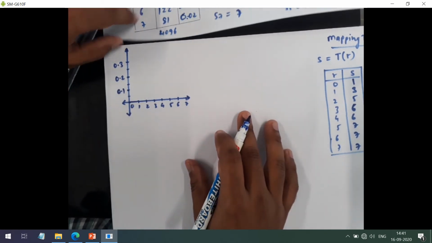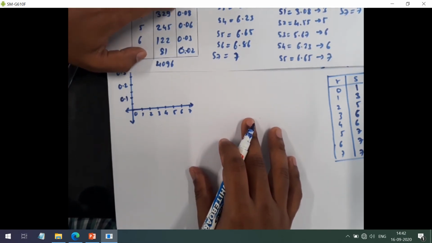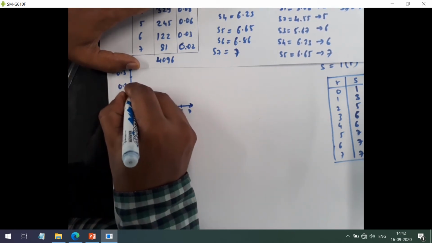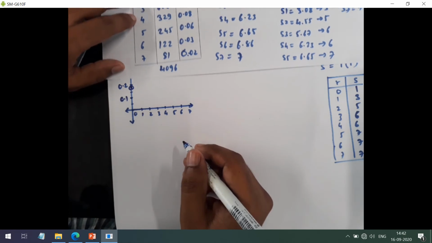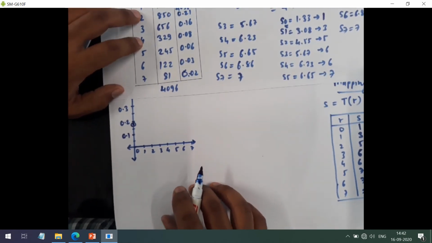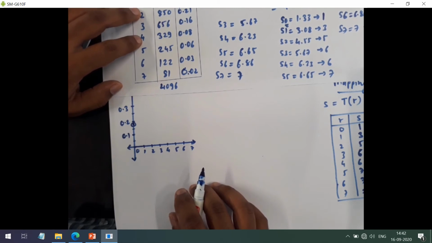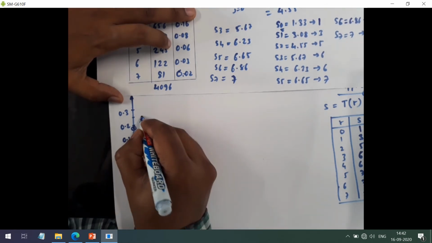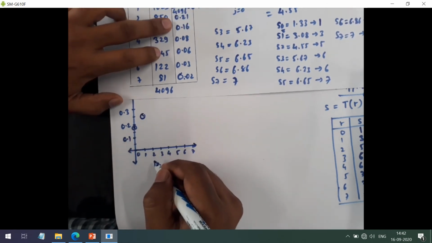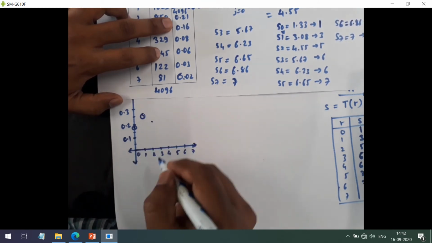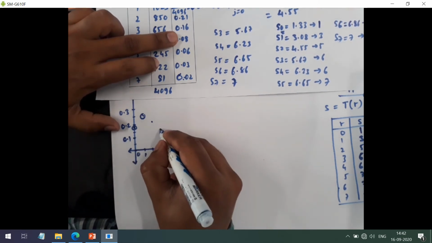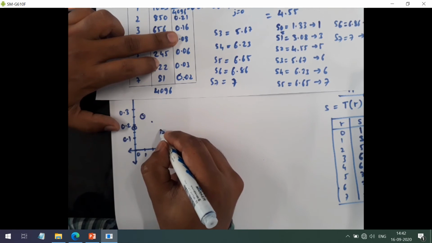Now P of R0 is 0.19, which is very near to 0.2. Okay, so this is the point. Then for R equals 1, the value is 0.25, which is here. For 2 it is 0.21, which will be here. For 3 it is 0.16, so it should be just above 0.15, so it will be around here.